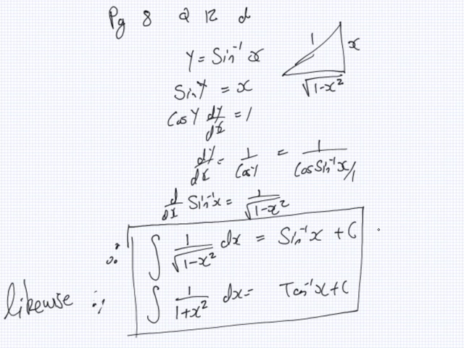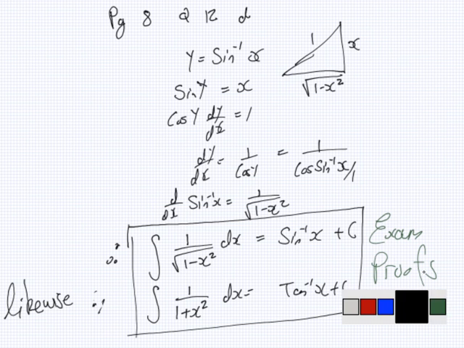So these are proofs which are on the exam. In other words, if the thing has a sine or a cos in it, it's something they could ask you to prove. That's basically the rule for proofs in the exam.